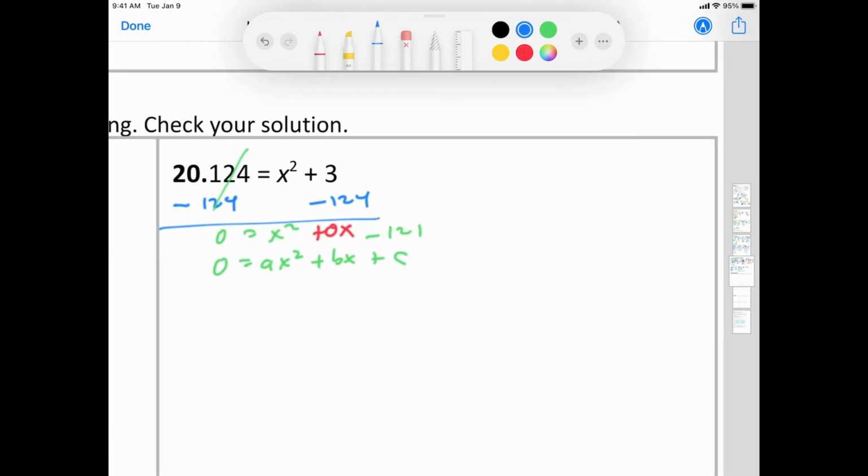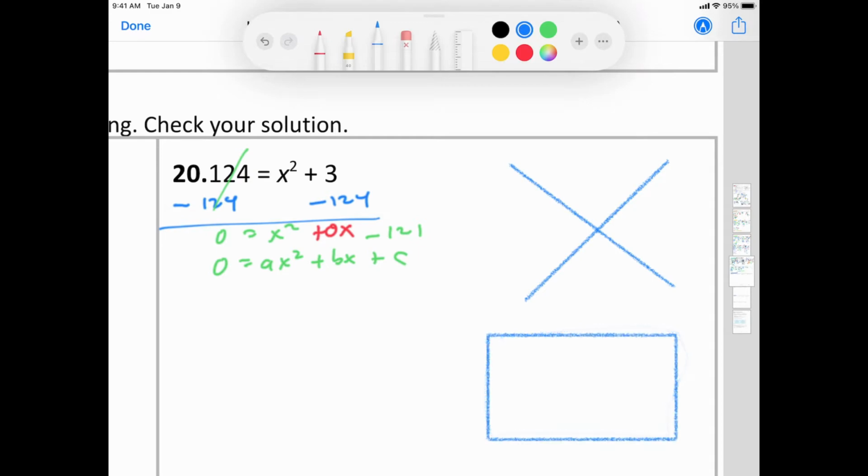And now you can use your x box. Okay, so a is 1, c is negative 121. So 1 times negative 121 is negative 121.